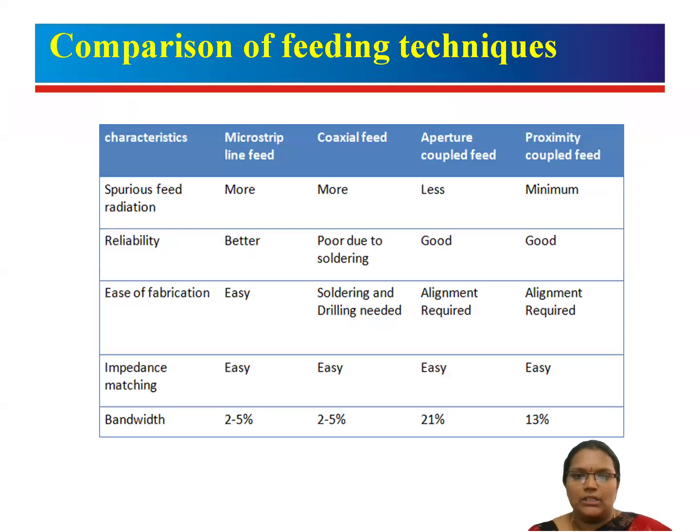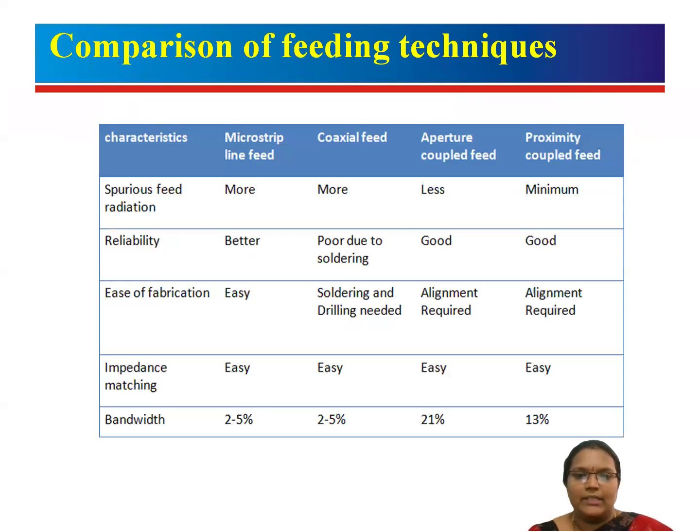Ease of fabrication. The easiest and simplest fabricating method we have is microstrip line feed. Next one is coaxial feed, where soldering and drilling is needed. Aperture coupled feed requires alignment and proximity coupled feed also requires alignment, as these two are the non-contact methods of feeding techniques.